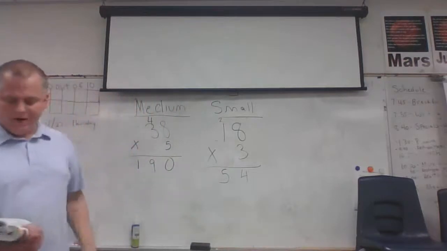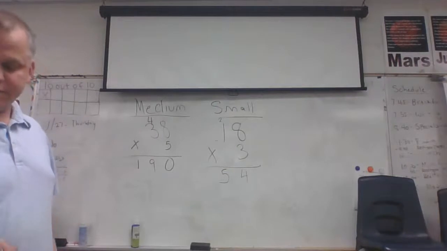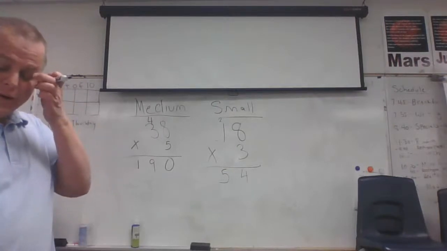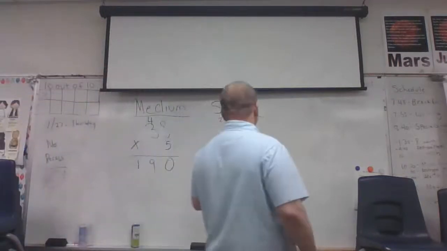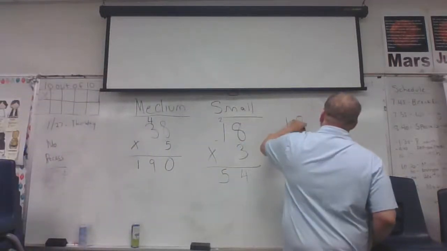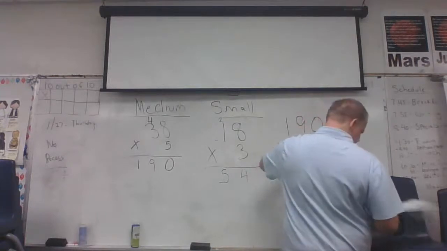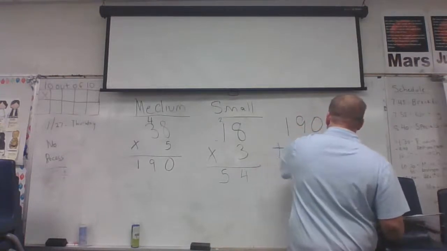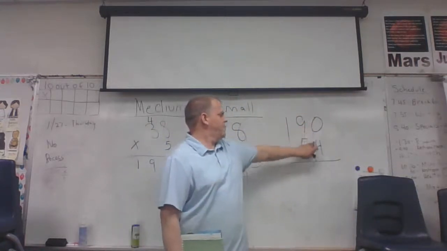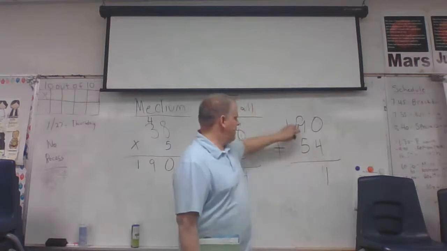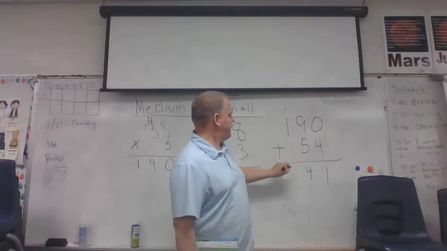Now, the final question is, what was the total number of buttons that Vanya bought? In order to do that, we have to do the third step where you add 190 plus 54. 0 plus 4 is 4. 9 plus 5 is 14. And carry.